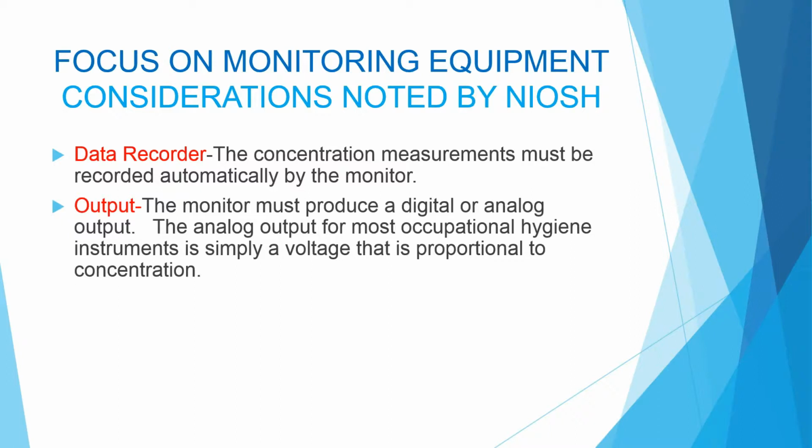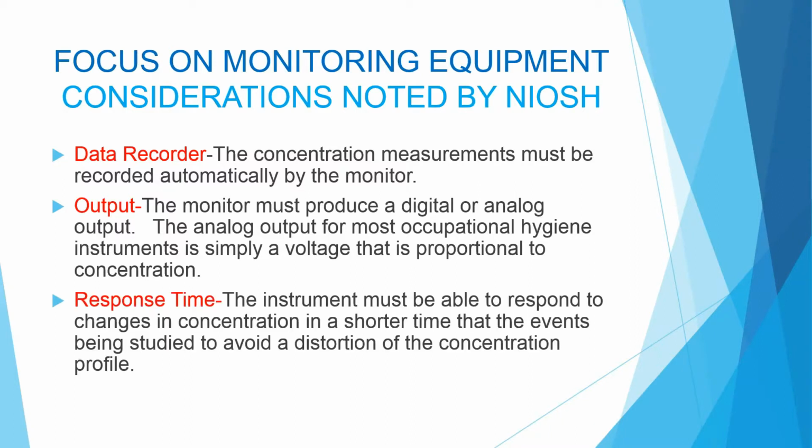The analog output for most occupational hygiene instruments is simply a voltage that is proportional to concentration. The instrument also must be able to respond to changes in concentration in a shorter time than the events being studied, to avoid a distortion of the concentration profile. This timing is critical.